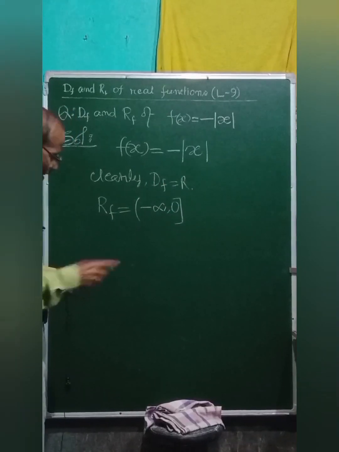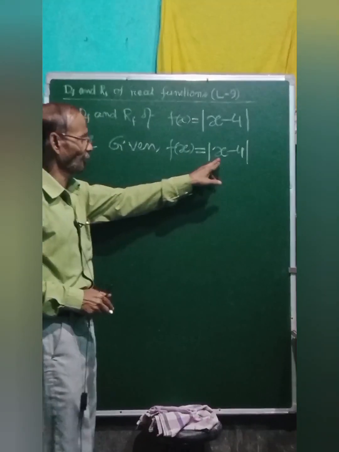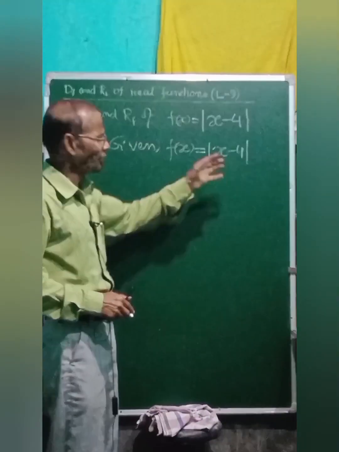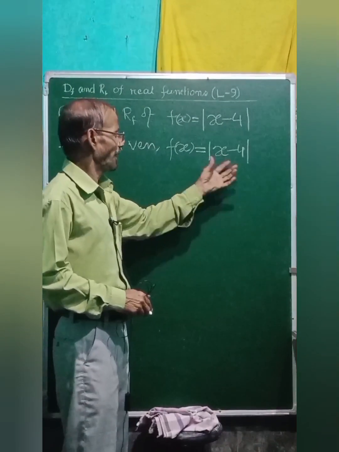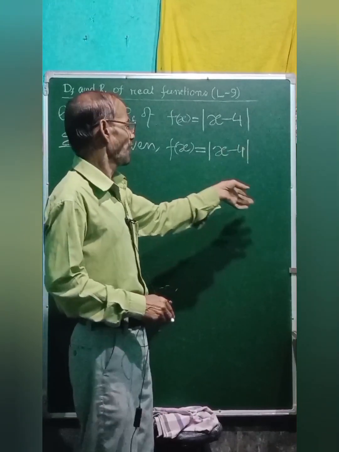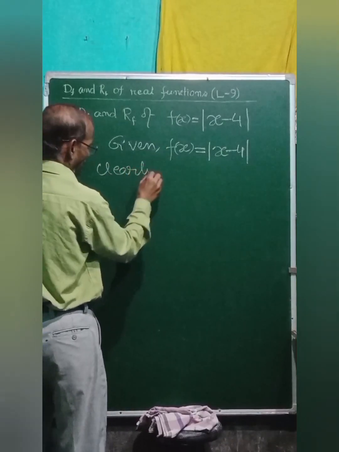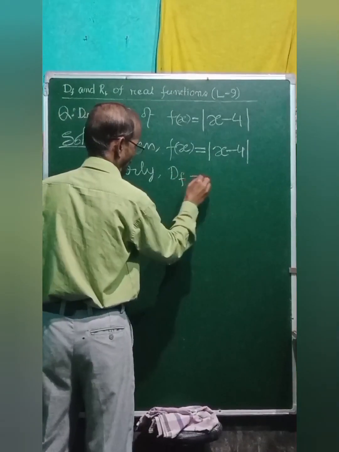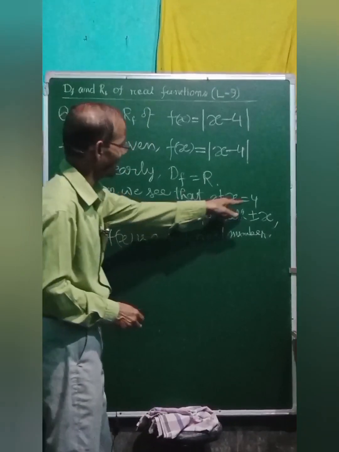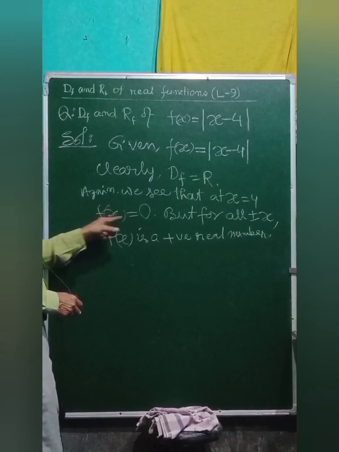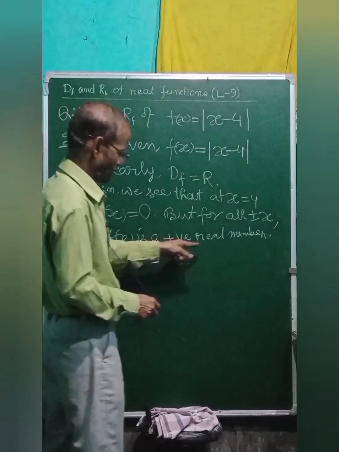Next we are taking one more problem of this type. Look here, this is also a very simple linear expression. The only difference is that whatever x you take, plus or minus, it will ultimately be converted to a positive number. Clearly Df is the real numbers. At x = 4, f(x) becomes 0, but for all other x, f(x) is a positive real number.